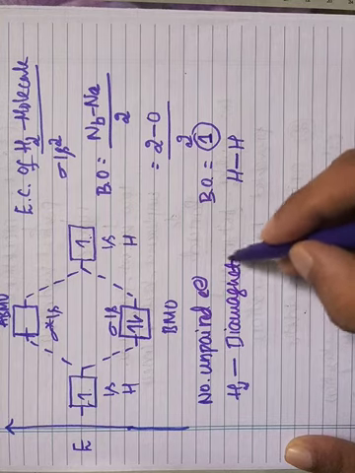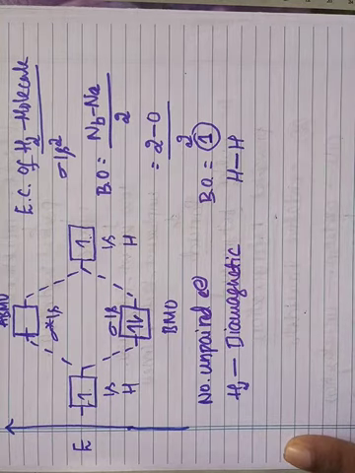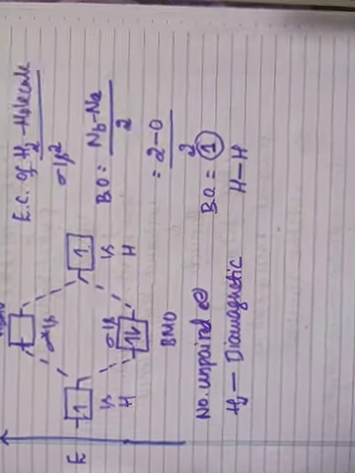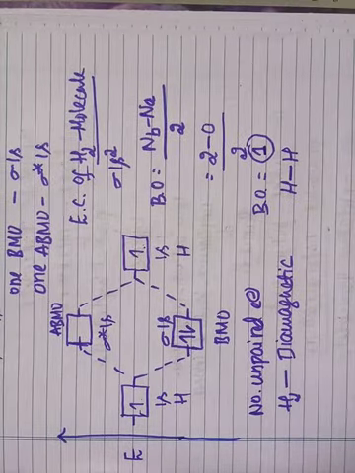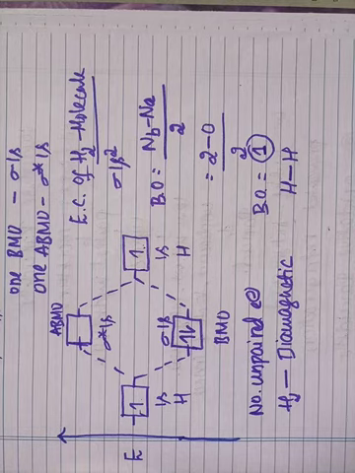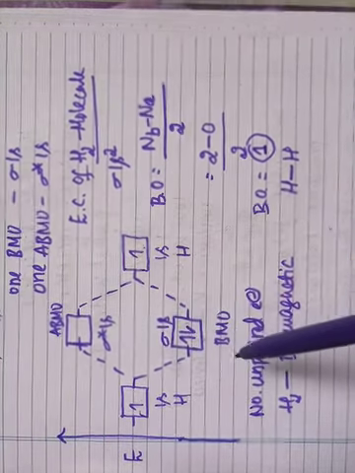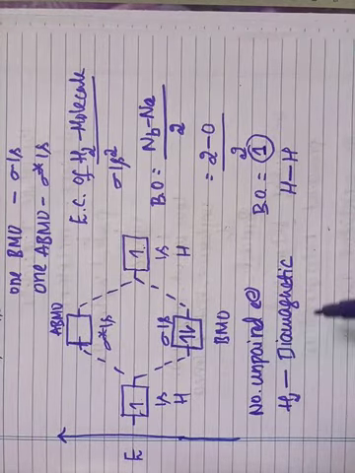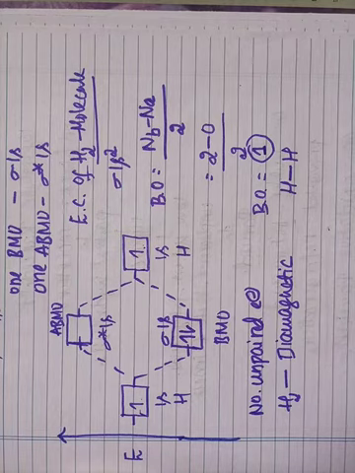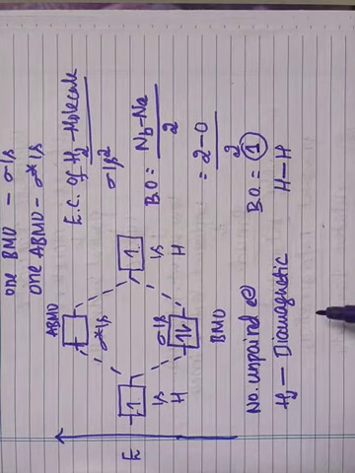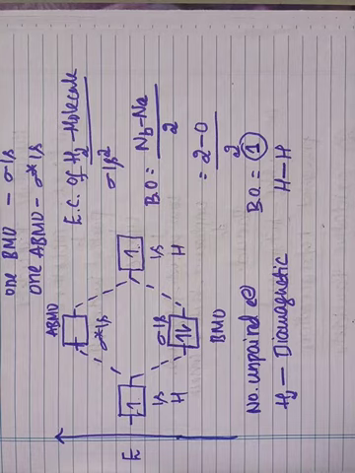When the hydrogen molecule is placed in an external magnetic field, it will be repelled by the external magnetic field. That is called diamagnetic. If no unpaired electrons are present in the molecular orbitals of the molecule, then the substance is said to be diamagnetic in nature.